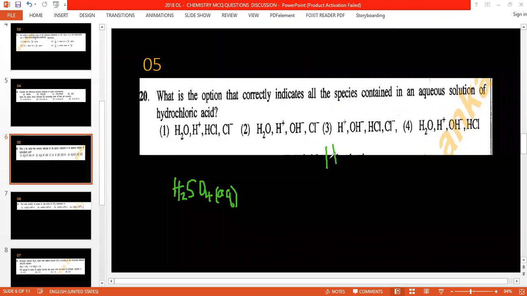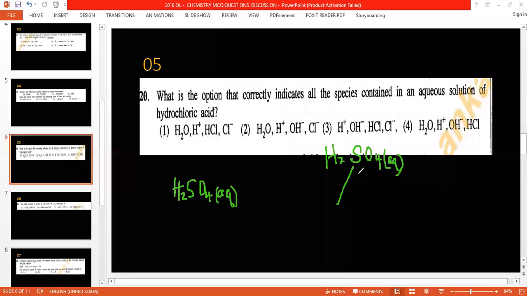Sulfuric acid, H2SO4. This is what? An aqueous solution.